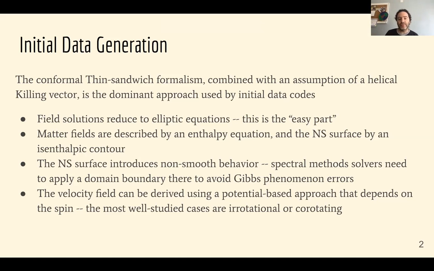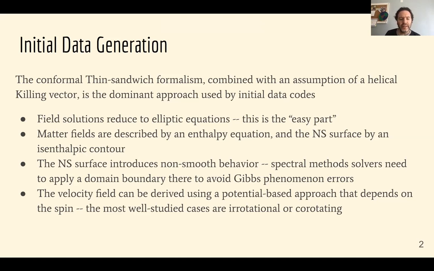Anytime you've got surfaces, this introduces some challenges. In particular, the density and other quantities are not smooth at the neutron star surface, which means that spectral methods codes will encounter Gibbs phenomenon errors unless you make sure that the neutron star surface occurs at a domain boundary. This is the known technique for avoiding Gibbs phenomenon. And indeed, it's what Lorene does here.